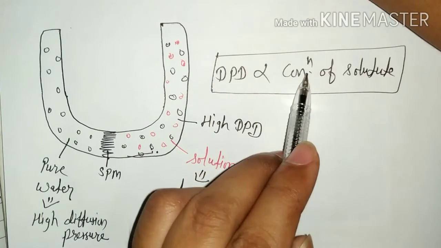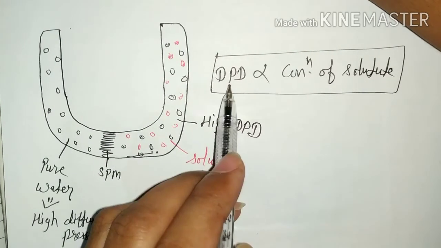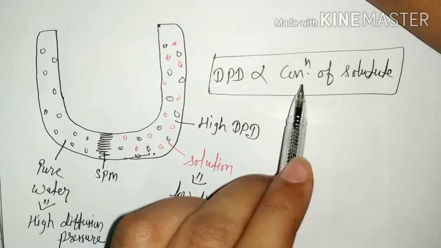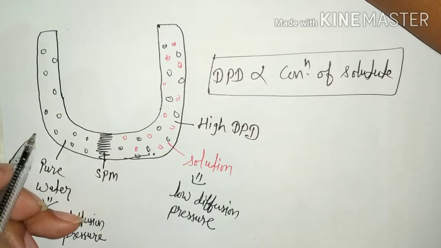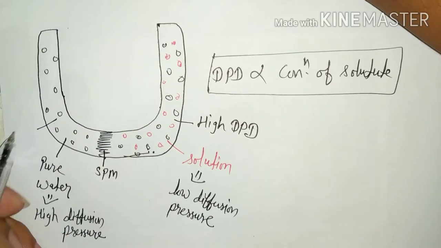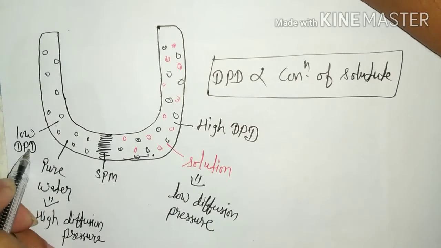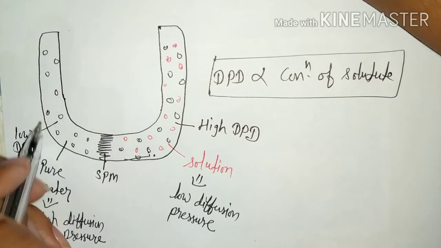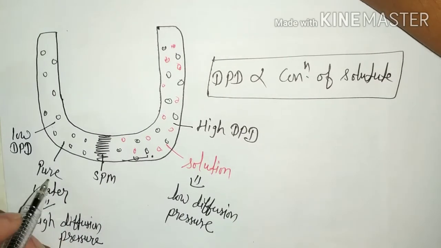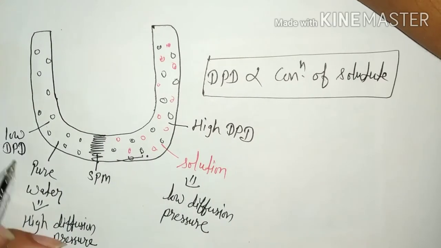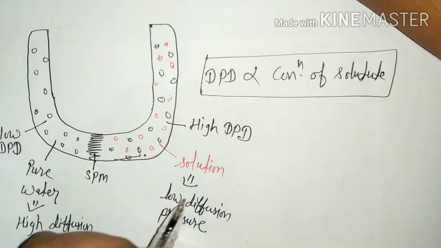When the concentration of solute is high, then DPD is also high. When DPD is low, the concentration of solute is low. And pure water has low DPD because solutes are absent in pure water, so it has more diffusion pressure but low DPD.